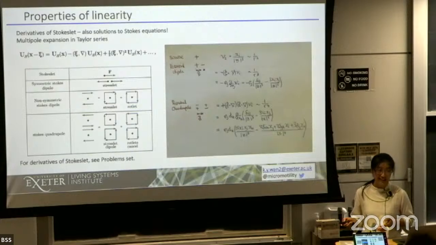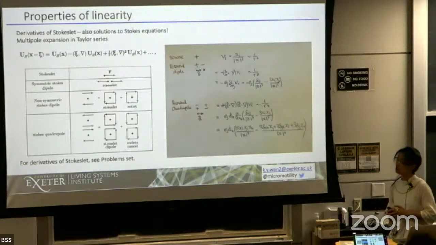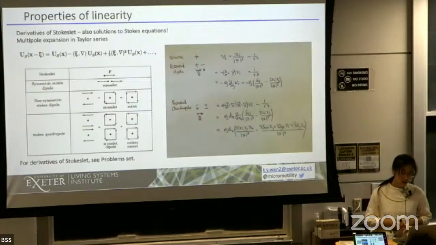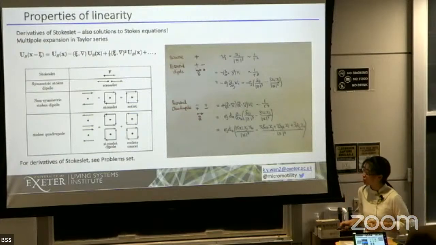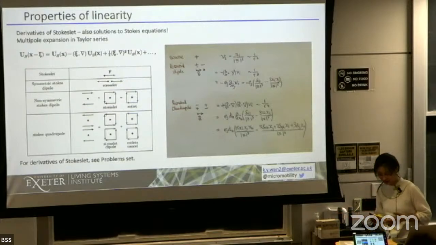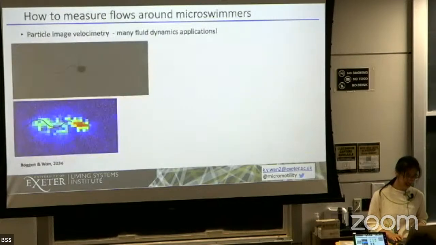In the case of a Stokeslet, this really just scales as 1 over the distance from the source, whereas the leading order contribution in the case of the source is 1 over r squared. And the stresslet also scales with 1 over r squared. The implications of these scalings will become important again as we delve into how this relates to real data around microswimmers.